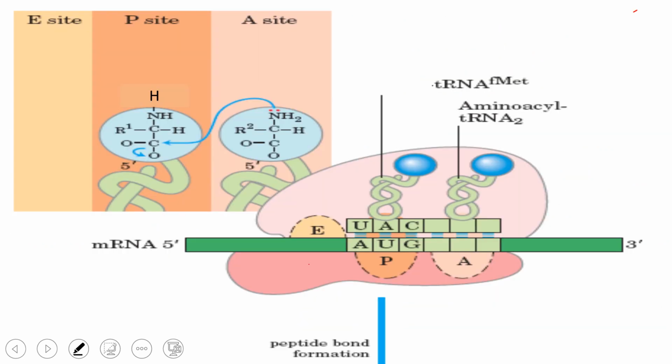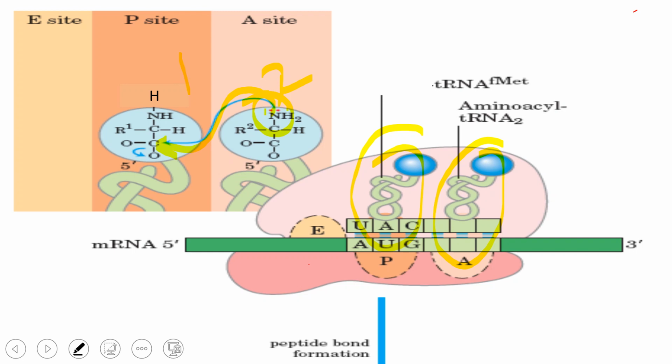Now in this transpeptidation reaction, this is the first amino acid we are having. This is the second amino acid which came along with factor 1 alpha and GTP. This is our second amino acid and this is our first amino acid. The second amino acid has a nitrogen amino group. This amino group has a lone pair of electrons. This lone pair of electrons attacks the carbon of the first amino acid present on the P site.